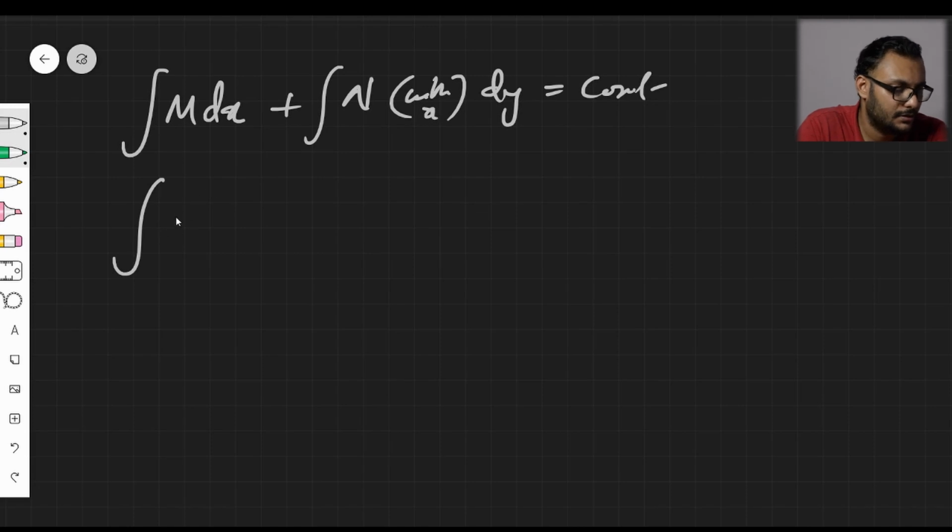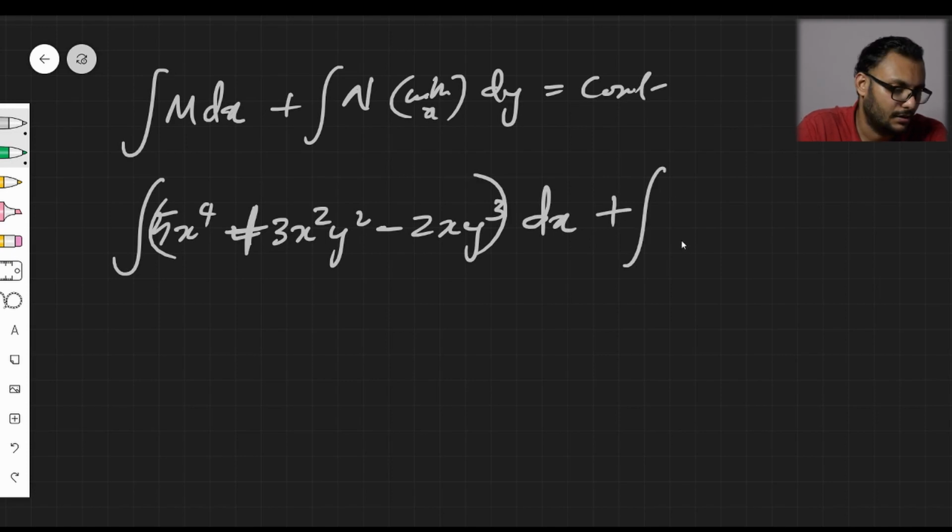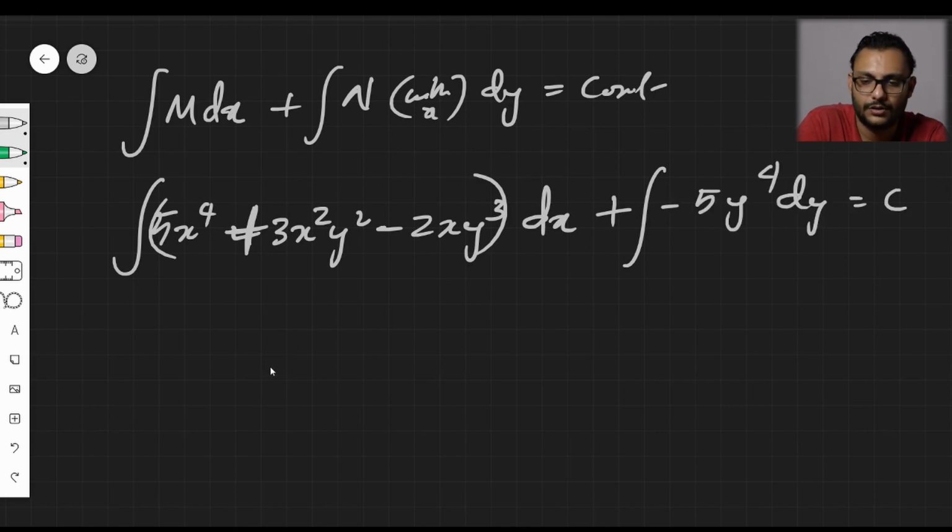M is nothing but 5x^4 + 3x^2y^2 - 2xy^3 dx, plus integral. Without x term there is only one term, that is minus 5y^4 dy, equal to constant.